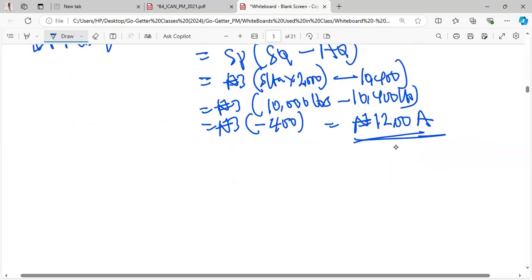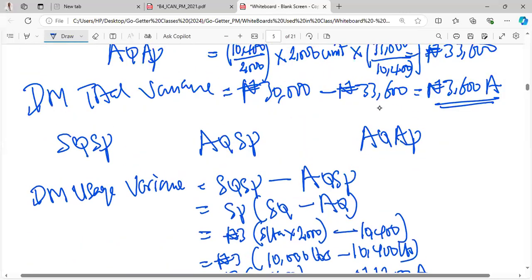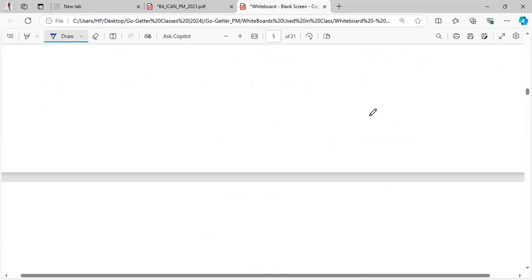So you come here, direct material price variance. We said this is taken from, so let me say this is usage, this is price. So actual quantity, standard price, actual quantity, actual price.